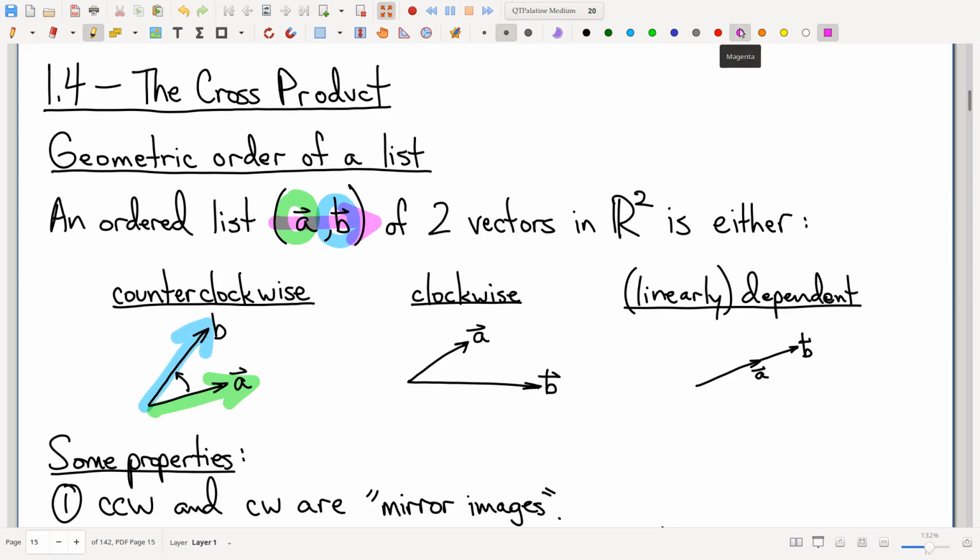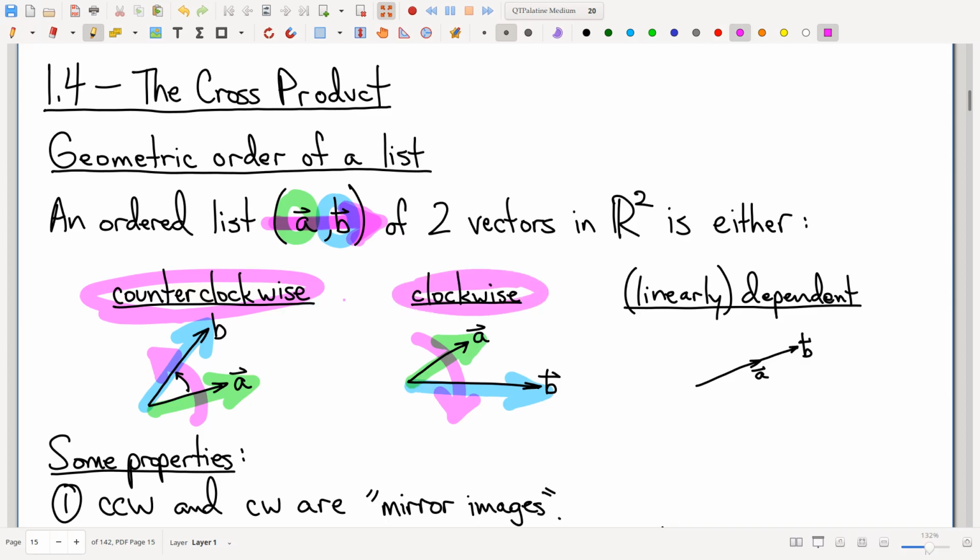And as you go from the green direction to the blue direction, you're either going counterclockwise, such as in that case, or if A were there and B were there, clockwise, such as in that case. Right, so it's a pretty easy distinction to make. When you make an ordered list of vectors, going from the first to the second naturally rotates you either one direction or the other, and that's the concept.